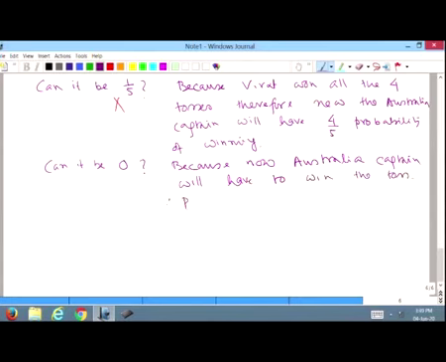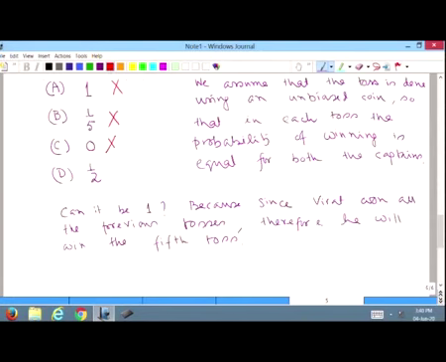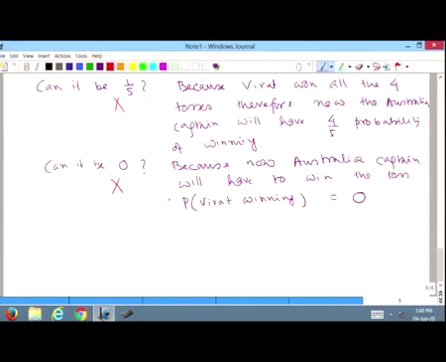Therefore, probability of Virat winning is equal to 0. That is also a wrong answer. Therefore, we cancel that.